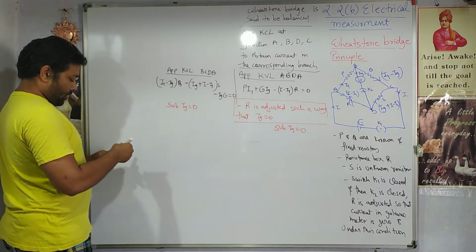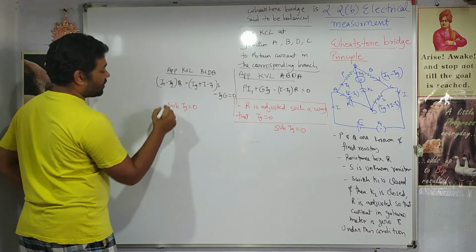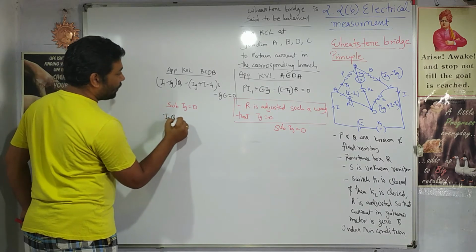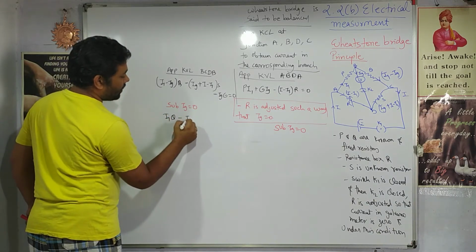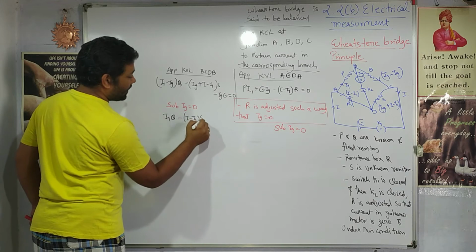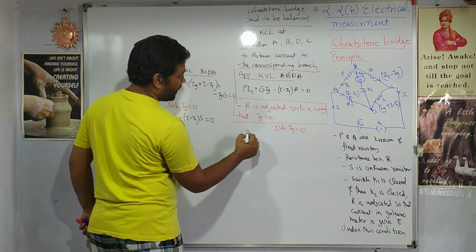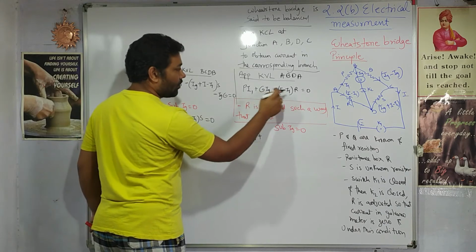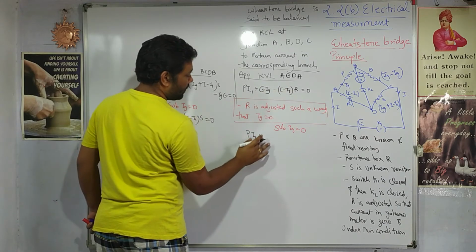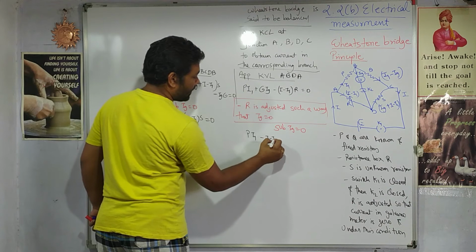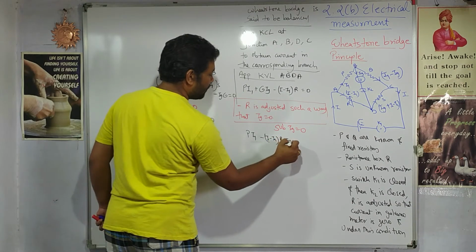Let us see what further simplification gives us. Here it will be I1 into Q minus I minus I1 into S, this part will be 0, and here it will be P I1 minus I minus I1 into R, equal to 0.